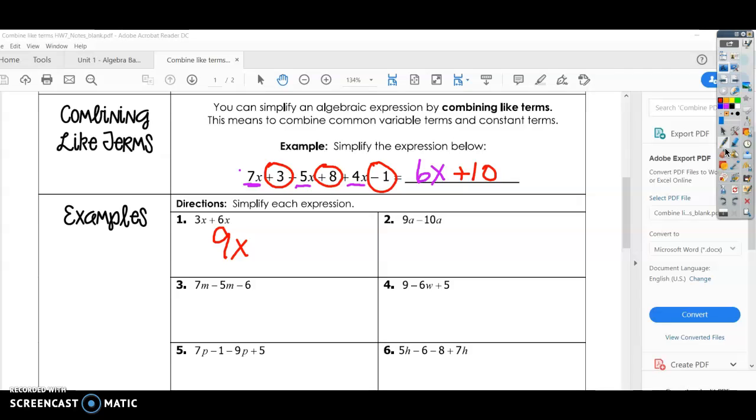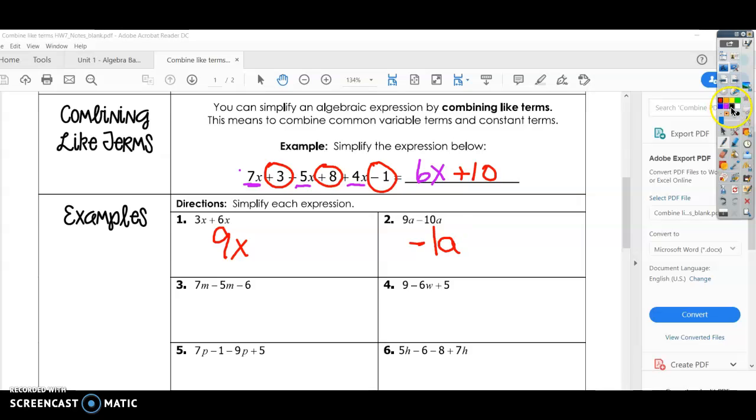Look at example 2. 9a minus 10a. If you have $9 and you spend $10, then now you have negative $1. So our variable works the same way as if it's something else. It doesn't have to be dollars, but it helps me to think when I'm adding and subtracting what it would be like if it were money.